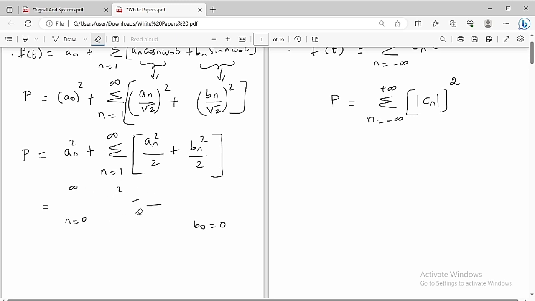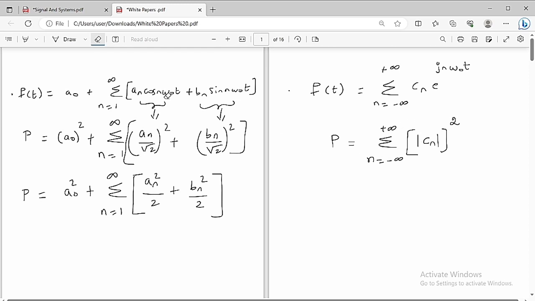So these expressions you always have to keep in your mind. The only thing is mod of C of n whole square. This is the expression of the power in the trigonometric Fourier series, and this is the expression of the power in the exponential Fourier series.